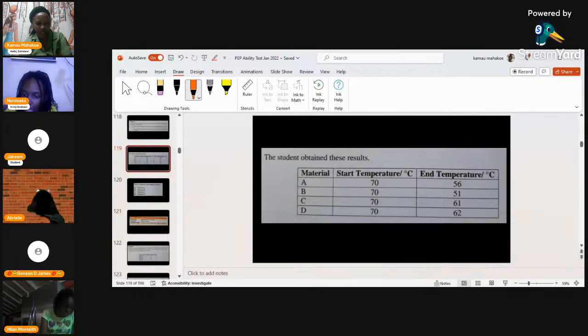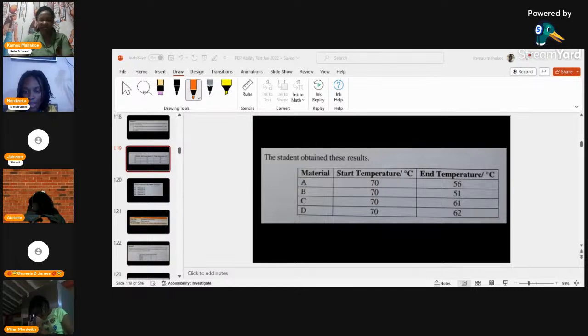So what do you think is happening here? What conclusion can we draw from this experiment? What does the change in temperature tell us about the types of material? Anyone want to have a go?